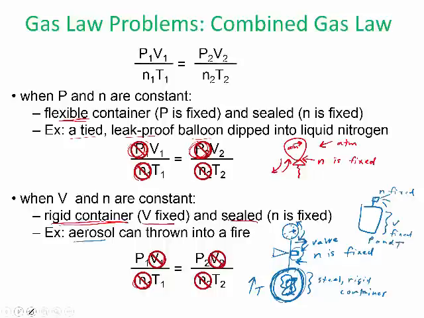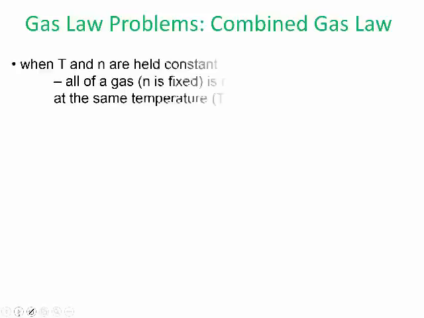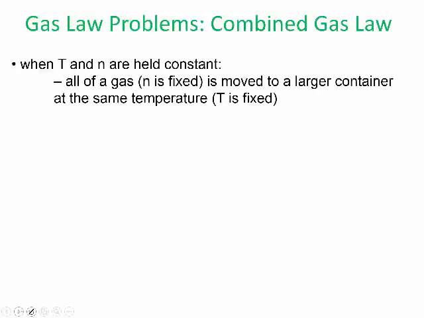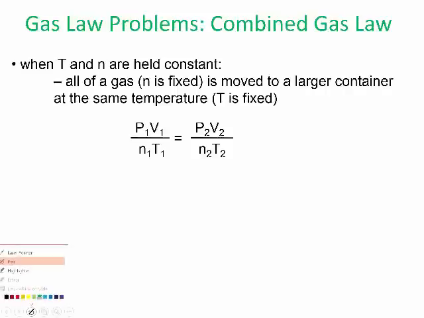There's one other situation that can happen, and that's if you have T and N held constant. A device that does that would be a syringe. If you move a gas to a larger container, this would be one way to fix the temperature. So a situation where you have this could be a syringe.